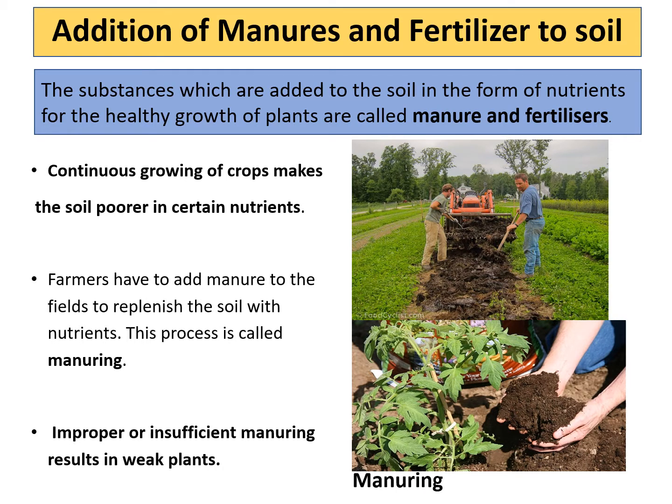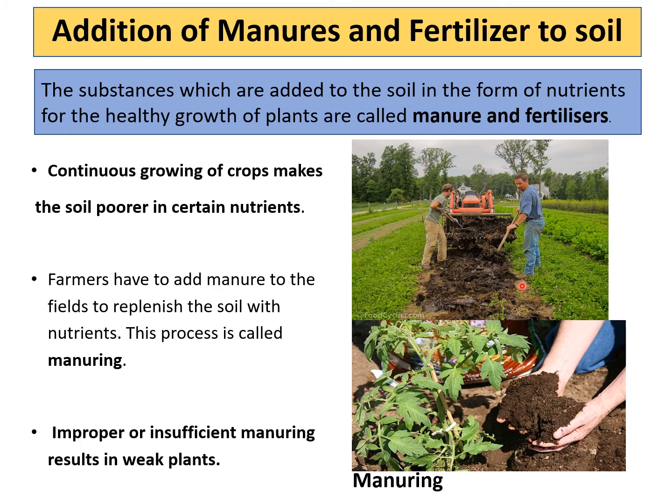Now after the sowing of the seeds, the third step is the addition of manures and fertilizers to the soil. The substances which are added to the soil in the form of nutrients for healthy growth of plants are known as manures and fertilizers.